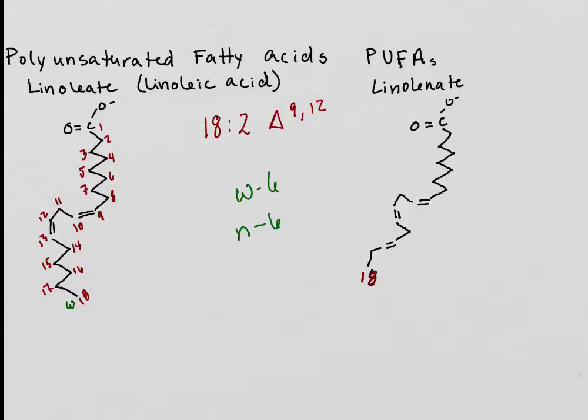So the 15th carbon, 18 minus 3 is 15. And so we'll denote this as the ever famous omega-3 linolenic acid, also sometimes known as N-3, but also, of course, we can use that same notation of 18:3 delta 9, 12, 15. That's another way we could think about referring to this.